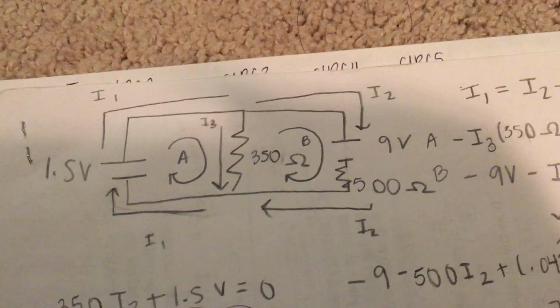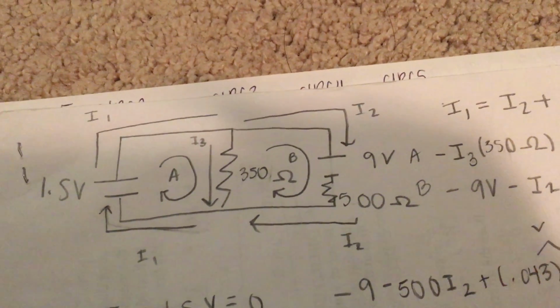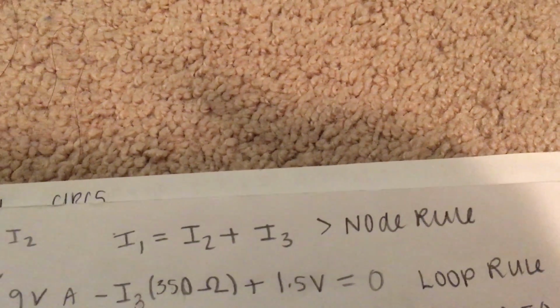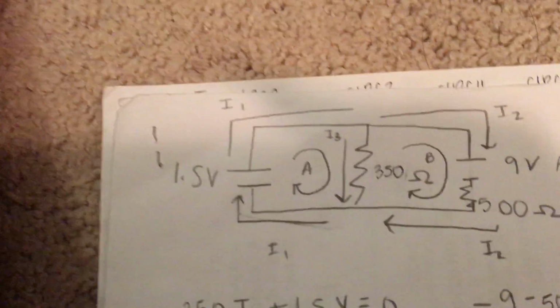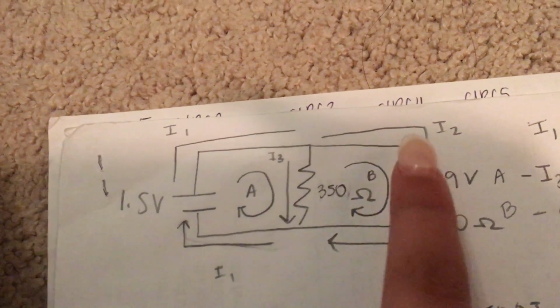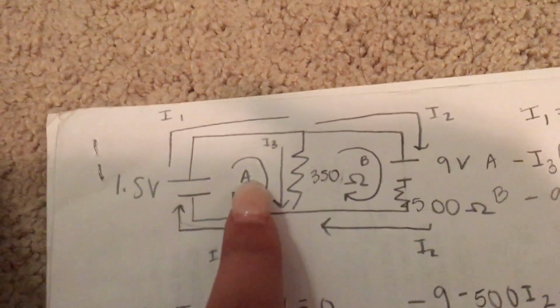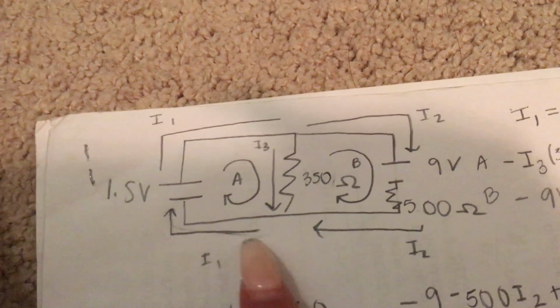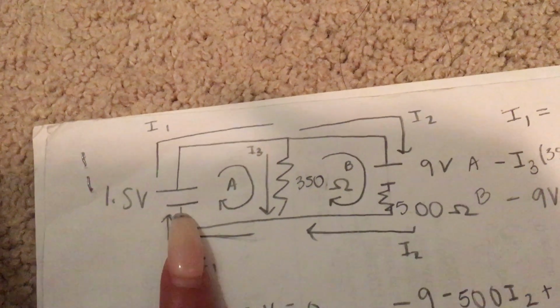I1 is based off of our node rule, where I1 is equal to I2 plus I3. So the current going through here is going to be equal to these plus this, which is why our I1 goes back like this.